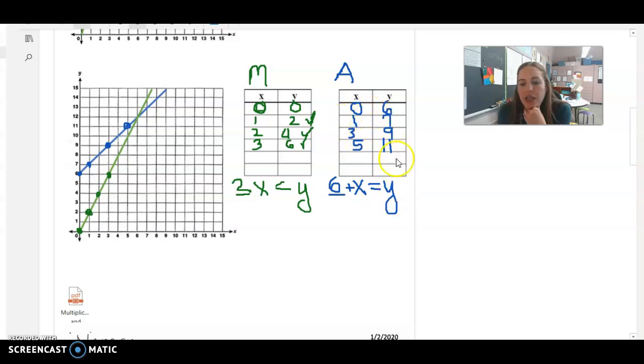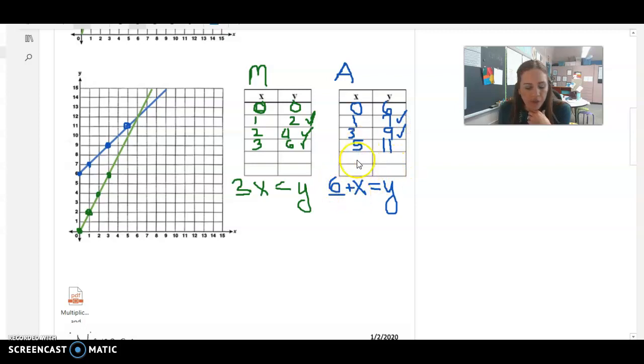Let's see if the rest of our x values follow along. Let's say x is 1. 6 plus 1 equals 7, and that's what our table says. Let's plug in 3. 6 plus 3 is 9. And awesome, that's what our table says.